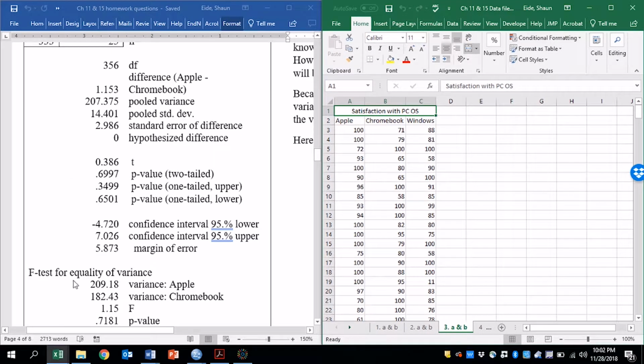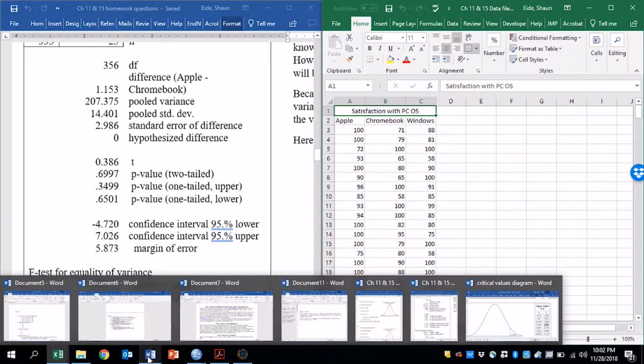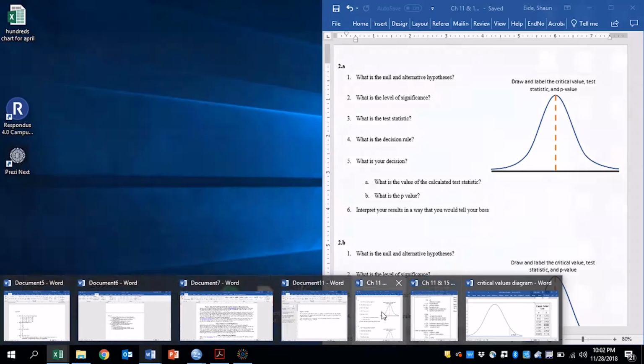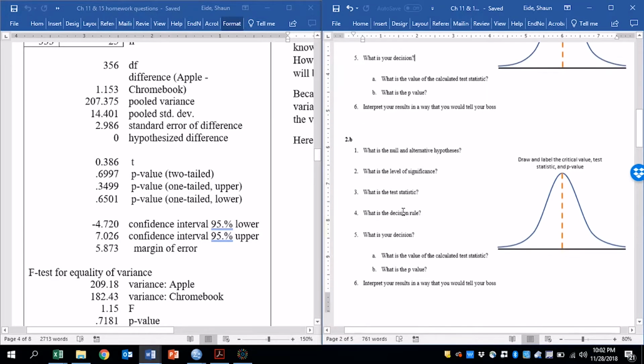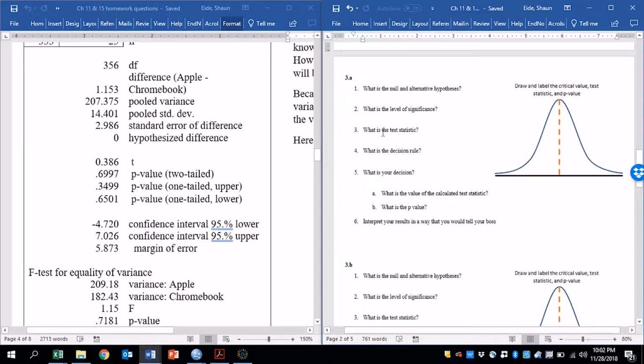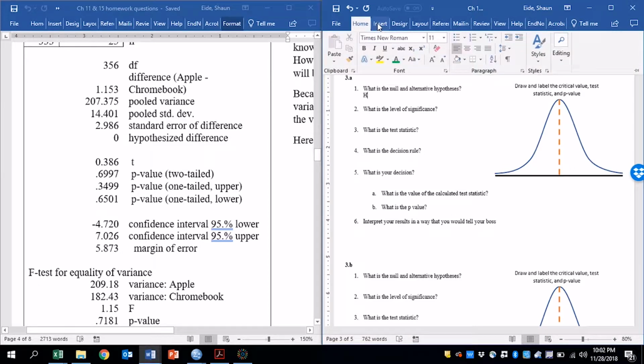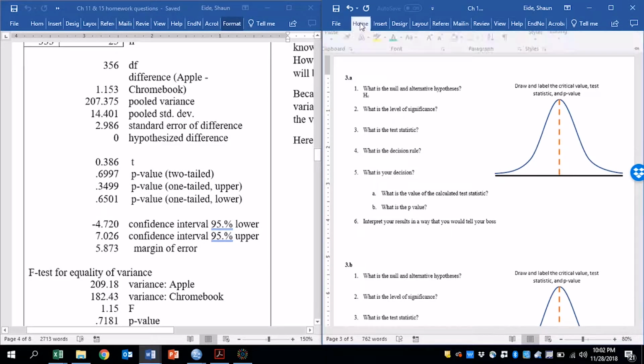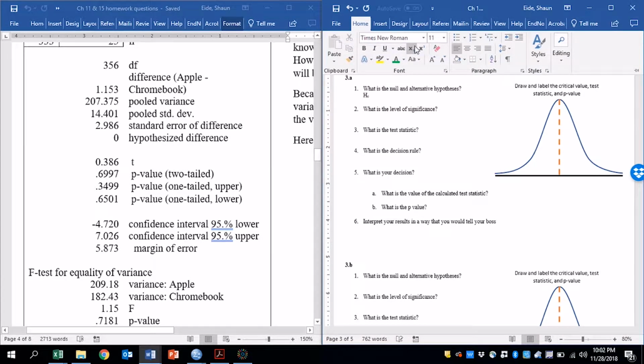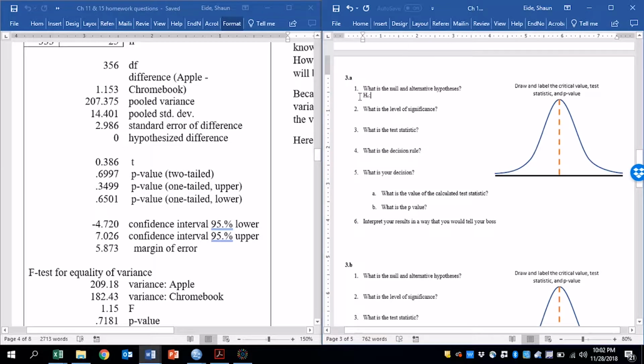Let's pull this up here. So let's go to 3A. So, what is the null and alternative hypothesis? I'm going to do H sub 0, and then I'm also going to do H sub 1.